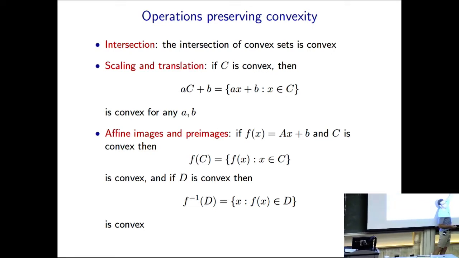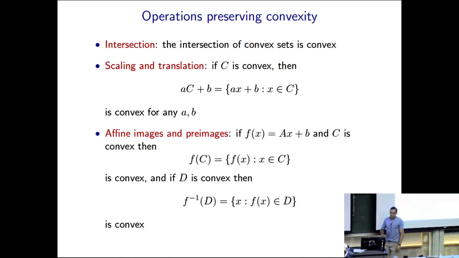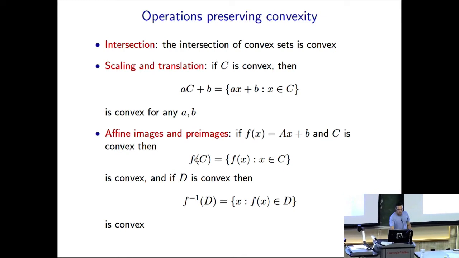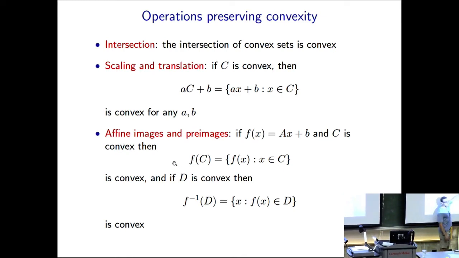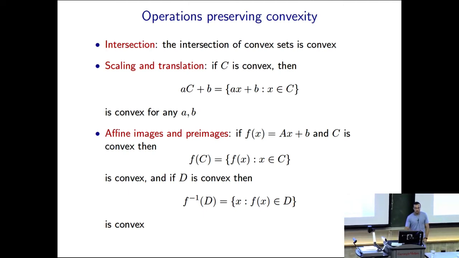Linear would mean that it's just Ax. If I'm adding a constant to it, it's called affine. If I apply this affine function to every element in the set C, which I denote by f of C, so it's the set of all f of x such that x is in C, it's called the affine image, or the image under f of the set C. That thing is convex if C was convex to begin with.